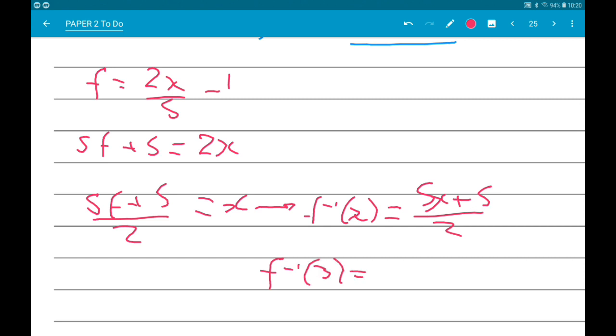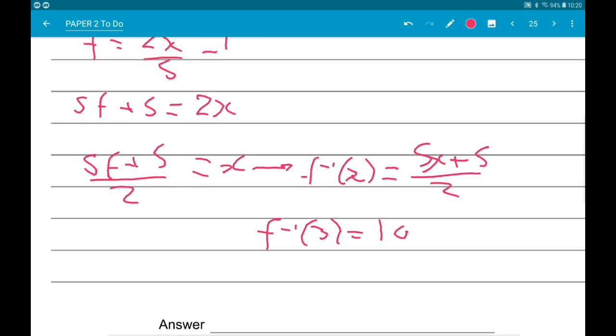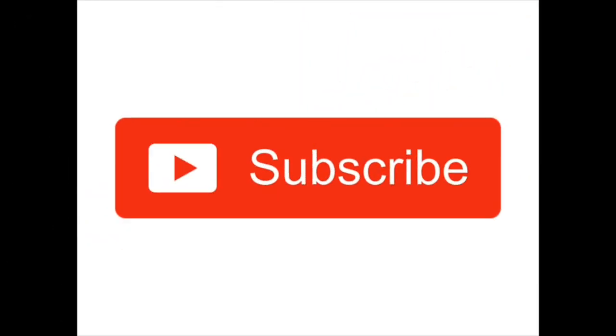So that's 5 times 3 add 5, which is 20, over 2, which is 10. So finally, we get 10 add minus 1.2, so 10 minus 1.2 gives us 8.8.